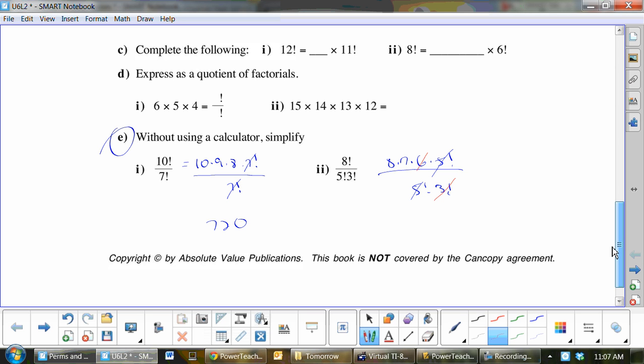Because 6 is 3 factorial. 3 times 2 times 1. See, 3 factorial equals 6. Those are called synonyms in mathematics, right? 3 factorial, 6. So what would be the answer? What's the answer? 56.